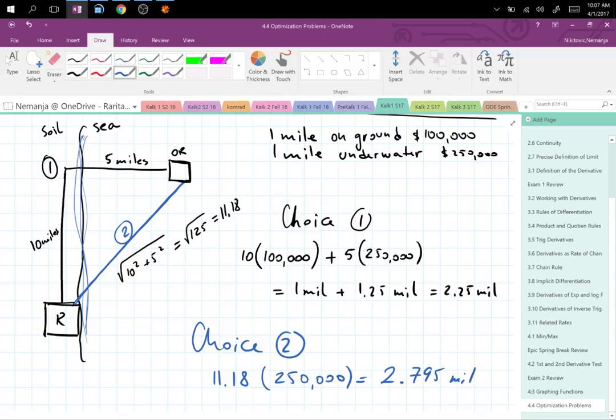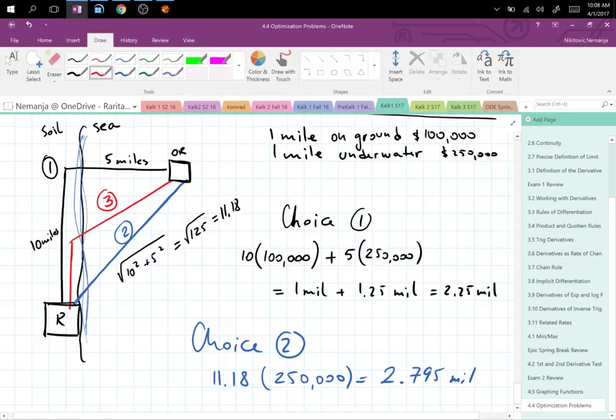And then you show up and say, I took Calc 1, I can do better, right? I can go up the shore for some distance and then go to the refinery like this, for option 3.